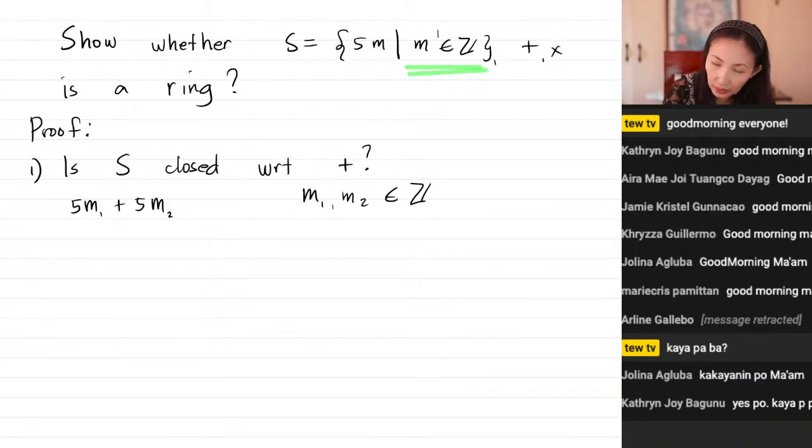By factoring out, we could factor out 5, giving us 5 times m1 plus m2. Reason: by factoring.